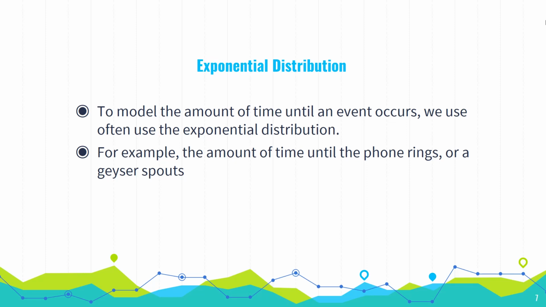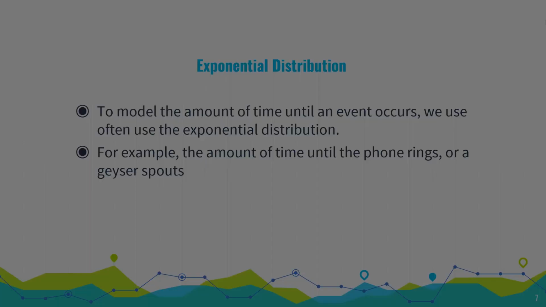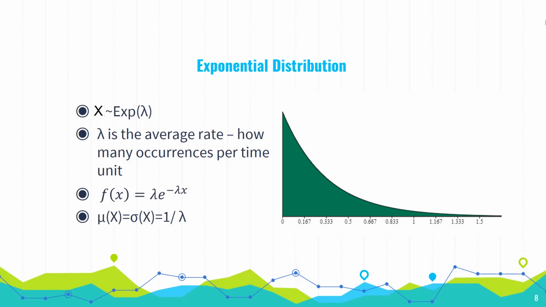I'm not going to get into too much of the details, but this is what an exponential distribution looks like. There's one parameter, lambda, which is a Greek letter. It's the average rate: how many occurrences per time unit we see on average.